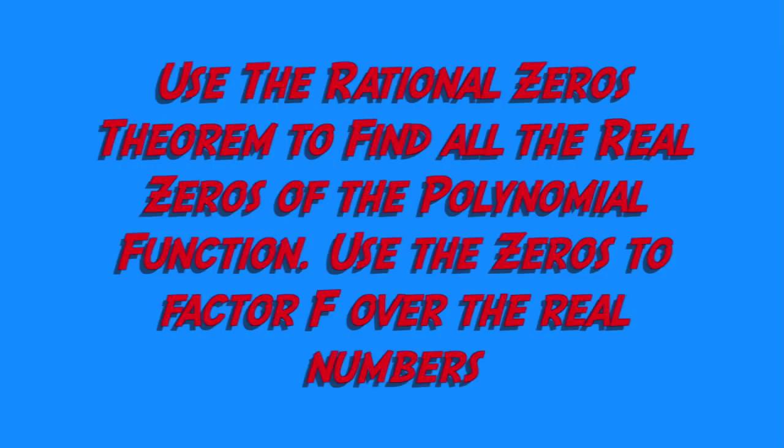Let's see. Use the rational zero theorem to find all the real zeros of the polynomial function. Then use the zeros to factor f over the real numbers. Okay, what we're going to do here is this.